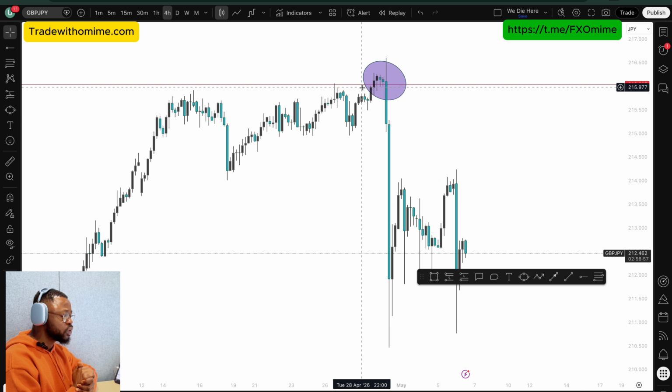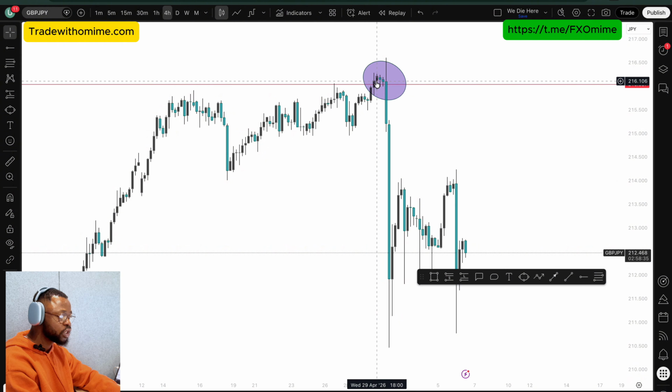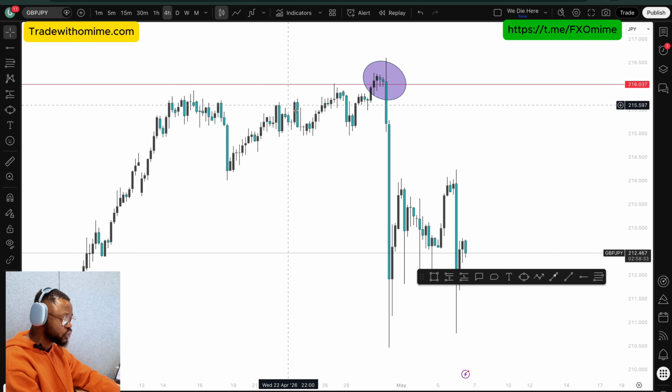I didn't expect price to really breach, because for price to breach a resistance or support level on the weekly or monthly time frame, we need a serious momentum candle, maybe a major news event. So it was really slow. I was looking to sell. I think I sold on the 4 hour time frame.